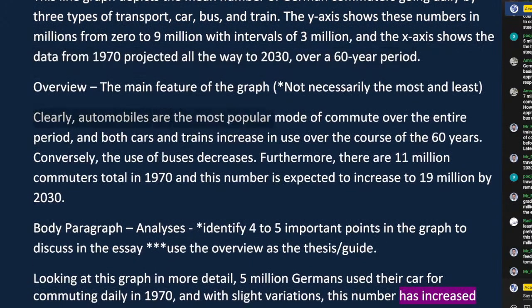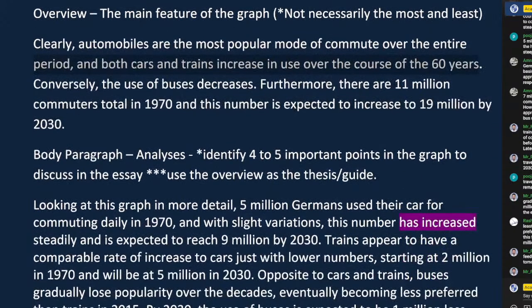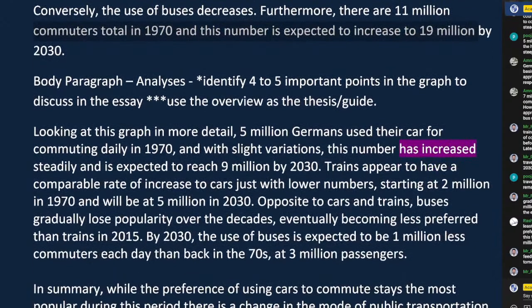Clearly, automobiles are the most popular mode of commute over the entire period, and both cars and trains increase in use over the course of the 60 years. Conversely, the use of buses decreases.